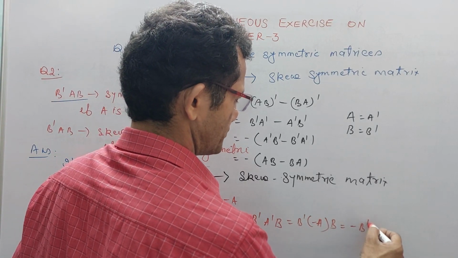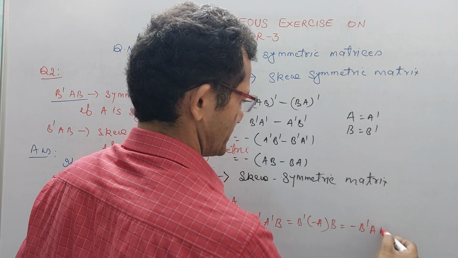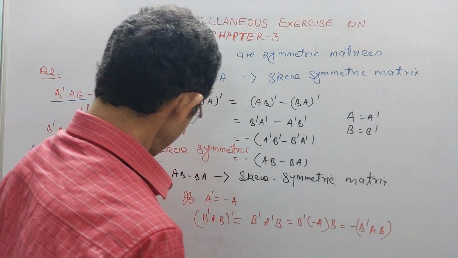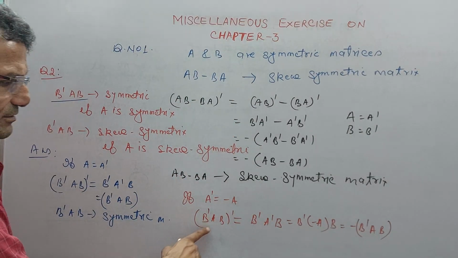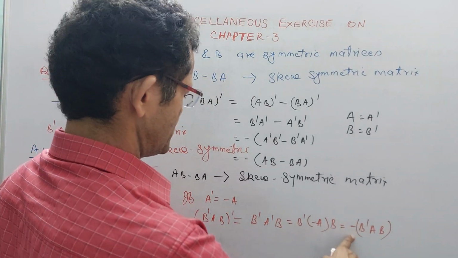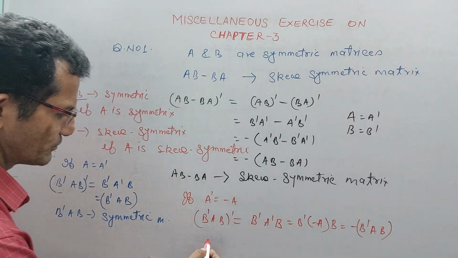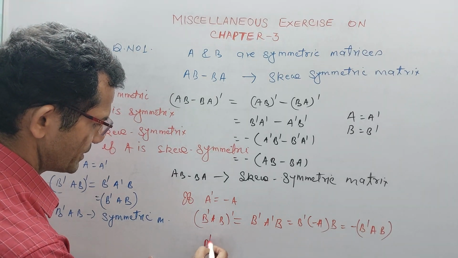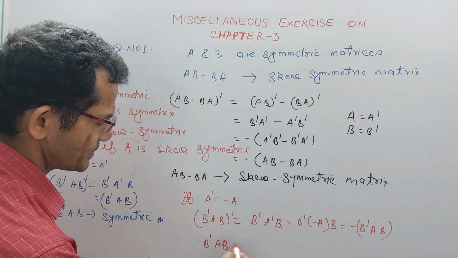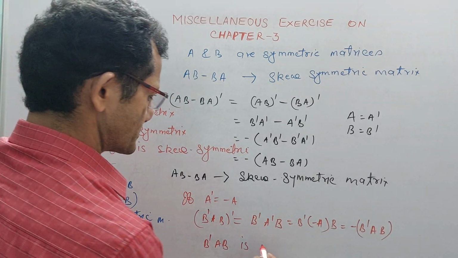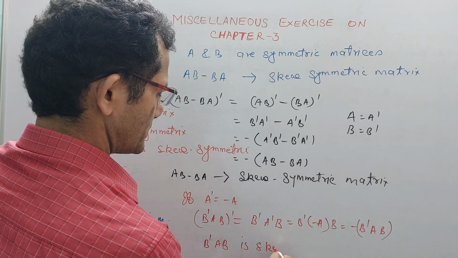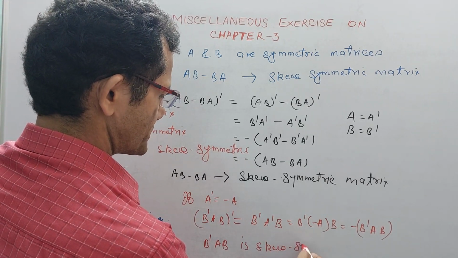So we have proved that the transpose of B transpose AB is minus of this one. This is the property of a skew symmetric matrix. That's why in that case B transpose AB is a skew symmetric matrix.